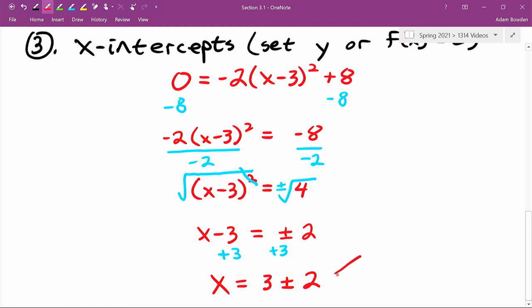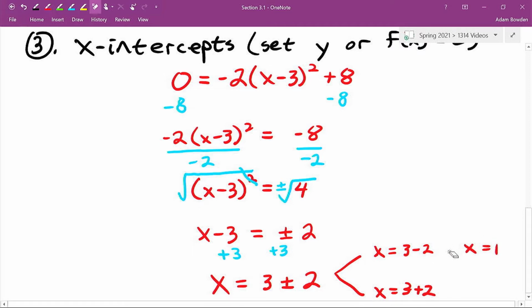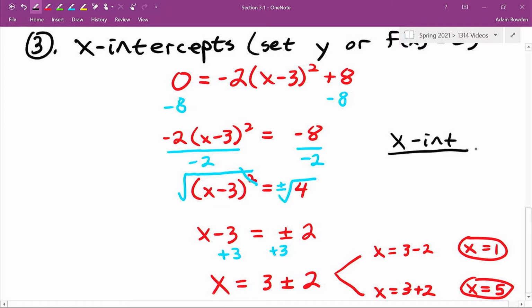So that could be two different numbers: x equals 3 minus 2 and x equals 3 plus 2. So x could be equal to 1, or x could be equal to 5. Our x-intercepts here are at the points (1, 0) and (5, 0).